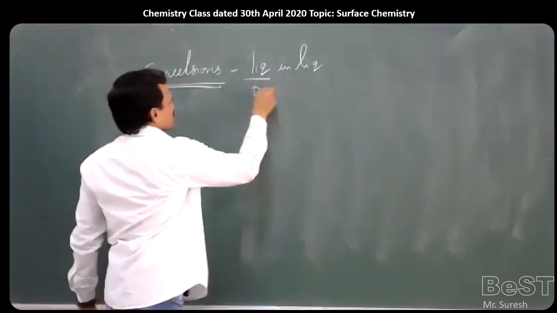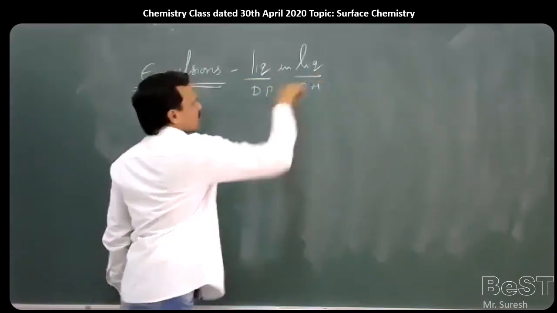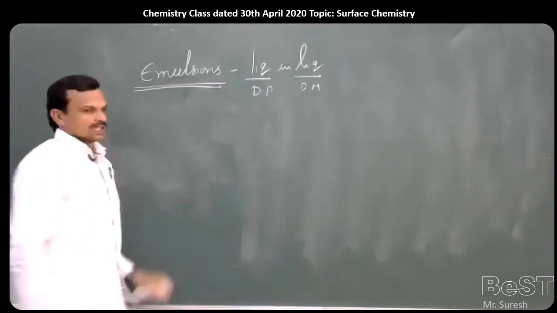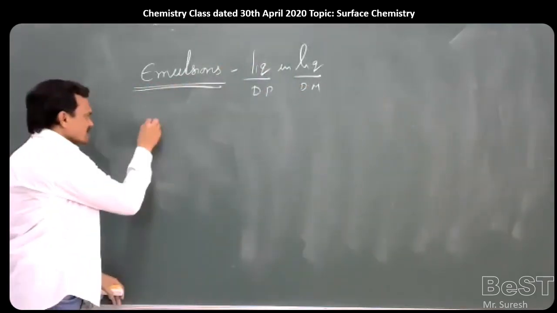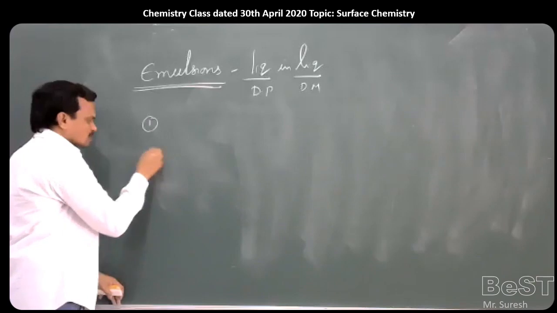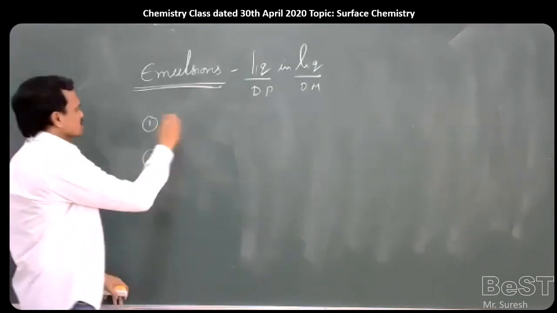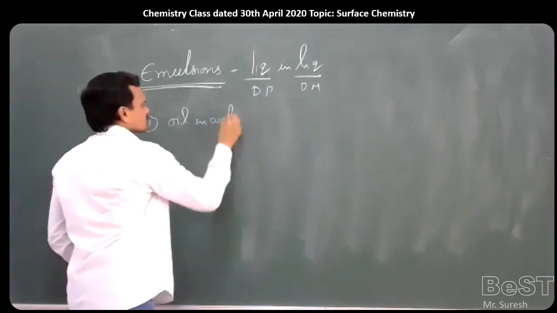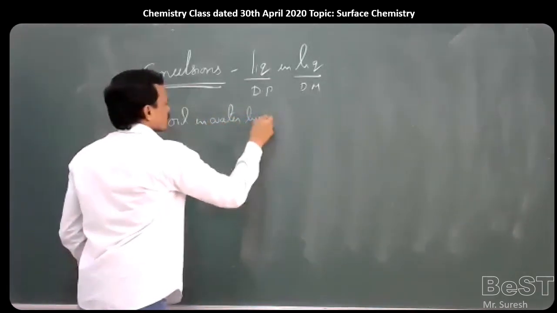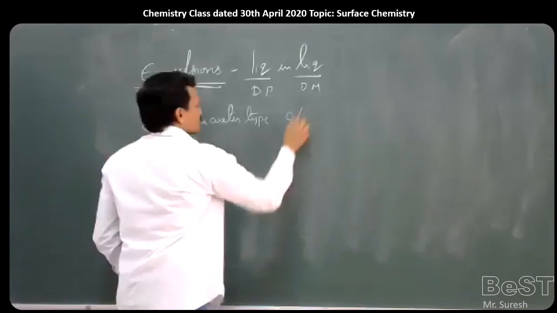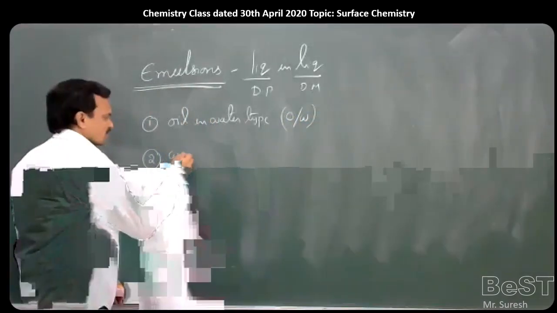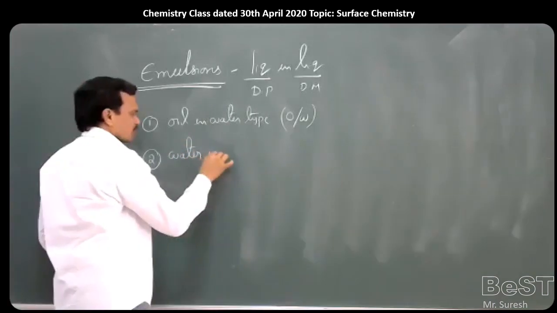A liquid dispersed in another liquid is called an emulsion. And these emulsions are classified into 2 types. The one is oil in water type, simply we'll write just O/W. Otherwise, water in oil type.